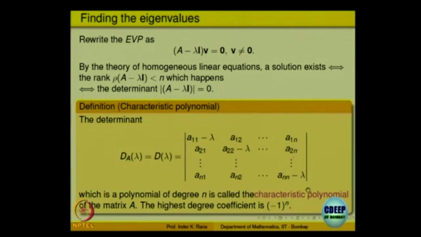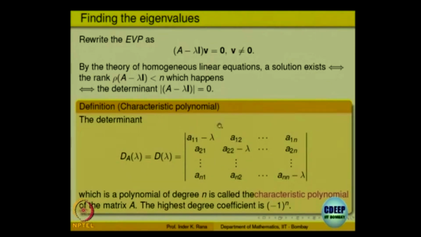So the characteristic polynomial is called a polynomial because it actually turns out to be a polynomial, and it is characteristic of that matrix, right, it is a property of the matrix. Determinant of A minus lambda I is a polynomial of degree n, and what will be the coefficient of the highest term?